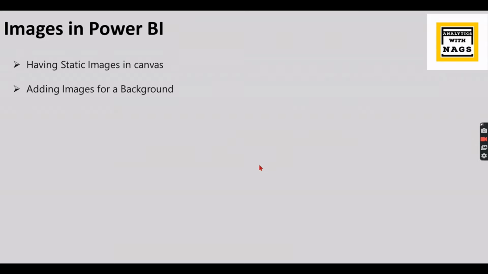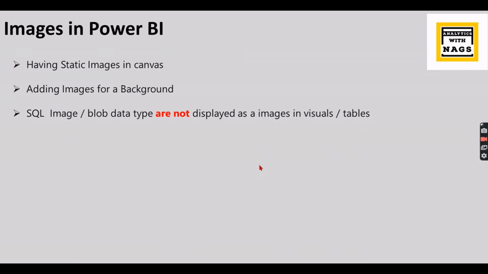Basically people think they can store it in a database, like in SQL Server. If you are familiar with a database background, you can store it in an image or a blob data type. A single image can be stored in a column with the blob or image data type.